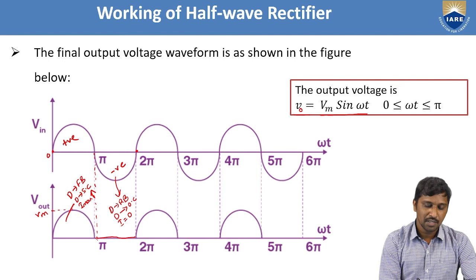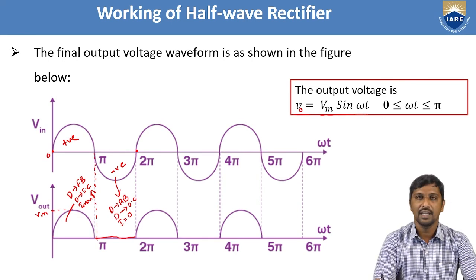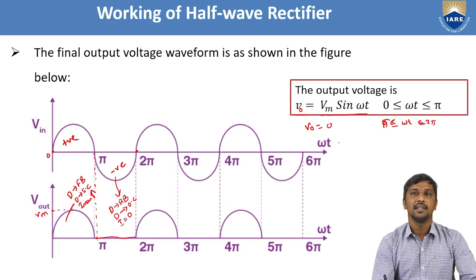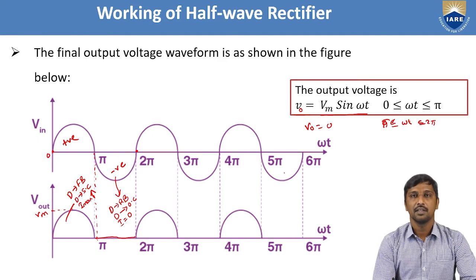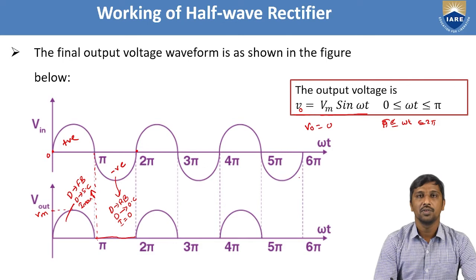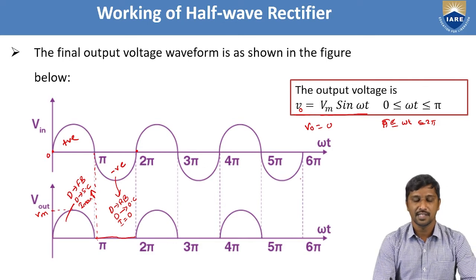For the 0 to pi duration we have the response, and this Vm sine omega t applies only for the duration of 0 to pi. V naught is 0 for the pi to 2 pi duration. So this is the output voltage of the given half-wave rectifier response.